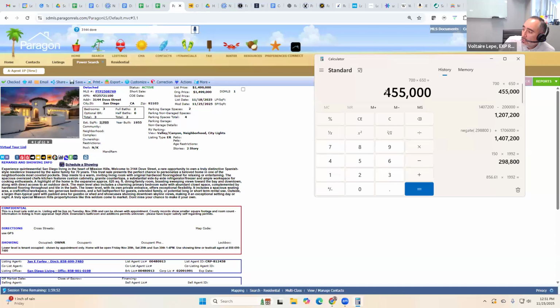Then you just made an extra 455,000 by spending 20 grand and 6 to 12 months permitting that extra 700 square footage. So that's another way to look at it, guys: you could try to get that permitted and make money that way since the square footage is already there.